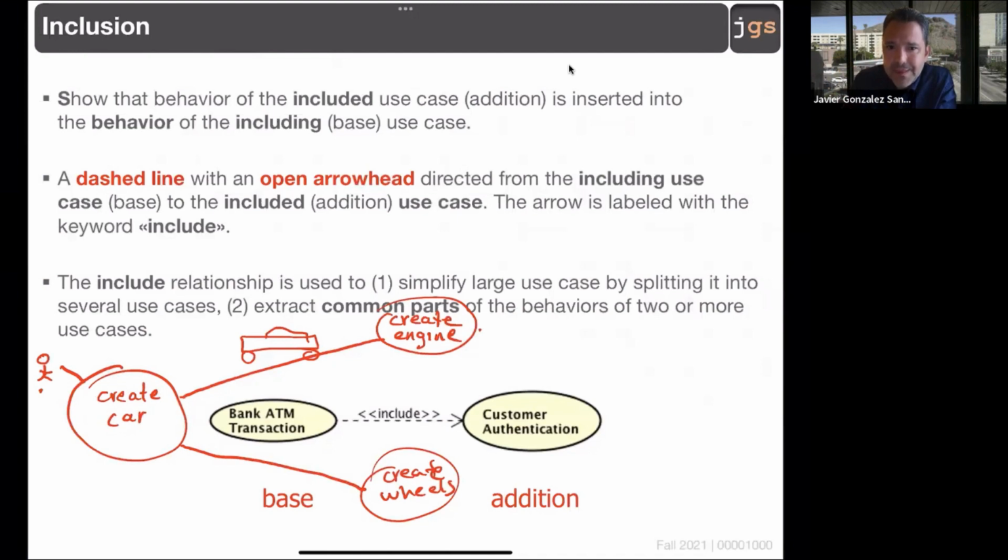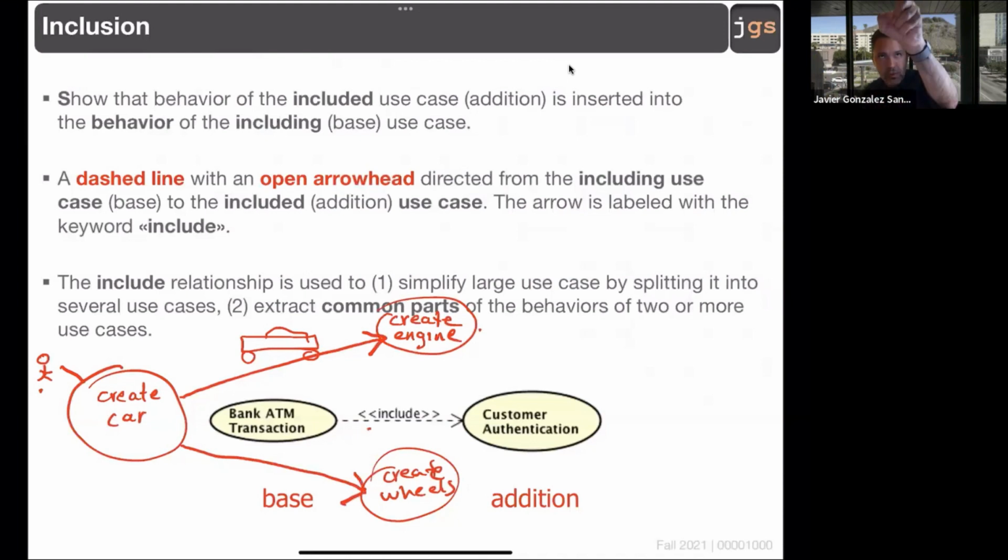With requirements, that is the concept of inclusion. Inclusion, very important thing. The arrowhead. Car is the important thing, the big one, right? The arrowhead is going to point from the important one, the big one, to the small things that you have. Car is going to point to engine.